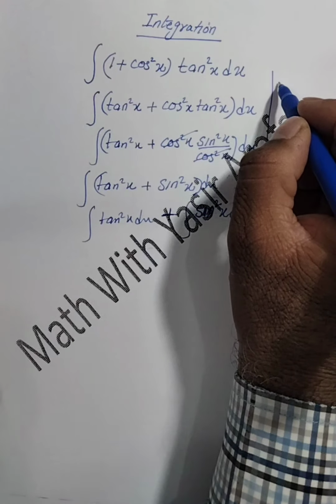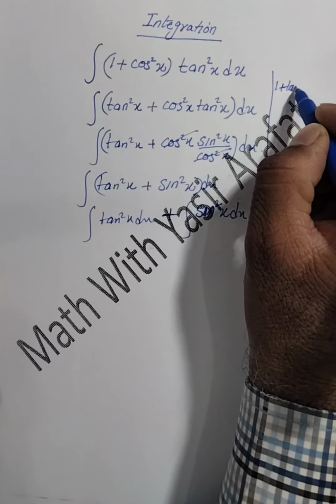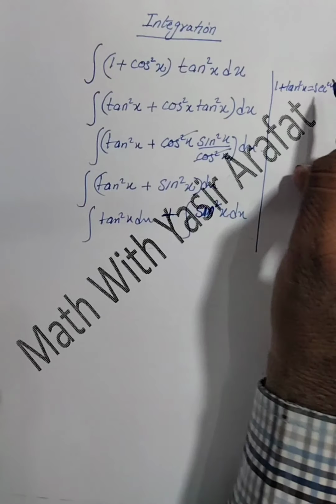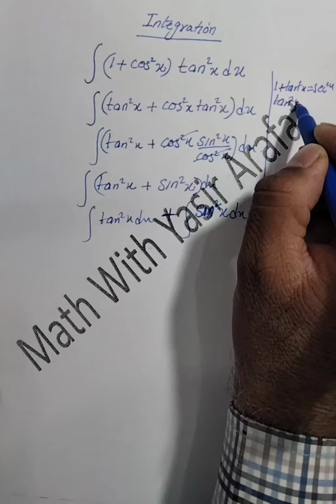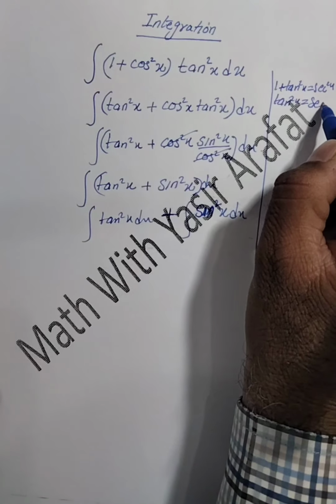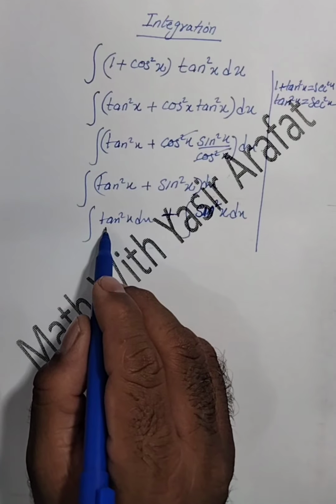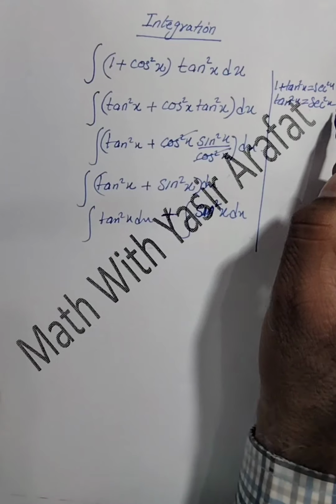Here 1 plus tan²x equals sec²x, so tan²x will be equal to sec²x minus 1. We have to use this result: tan²x equals sec²x minus 1.